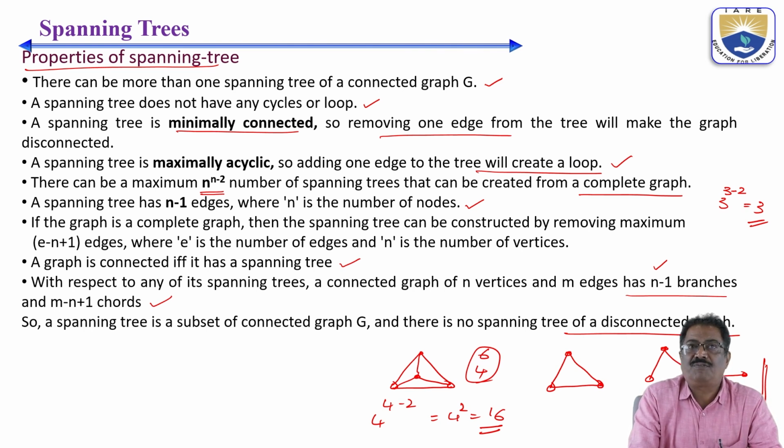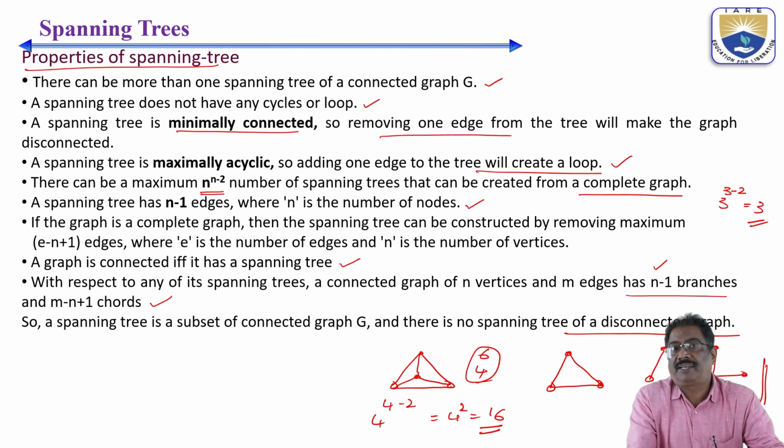That means for any connected graph, definitely we will have a spanning tree from it, and if any spanning tree exists, definitely the graph is connected, because the spanning tree is itself a tree, so a tree is a connected subgraph. Now, with respect to any of its spanning trees, a connected graph of n vertices and m edges has n minus 1 branches and m minus n plus 1 chords.